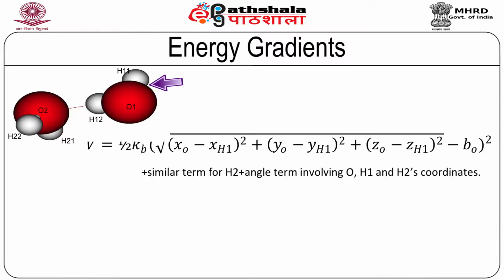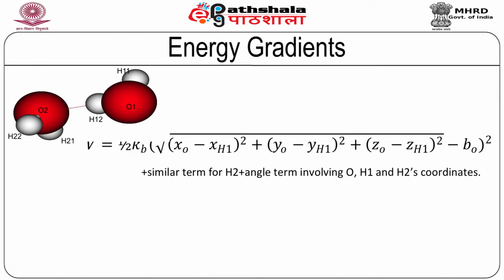This is one energy, the bond stretching energy, but we also have to consider the non-bonded interaction, that is, the van der Waals and electrostatic interaction between this hydrogen and this oxygen, between this hydrogen and this hydrogen, between this oxygen and this oxygen, and all those things. And then we can differentiate the potential with respect to the XYZ coordinates.